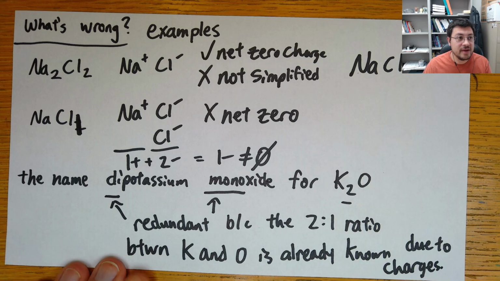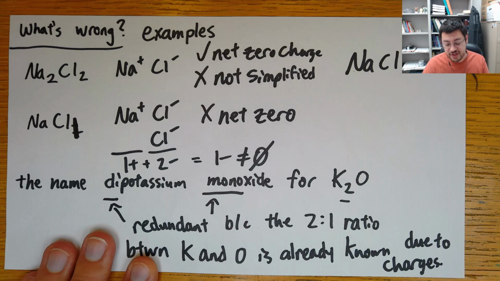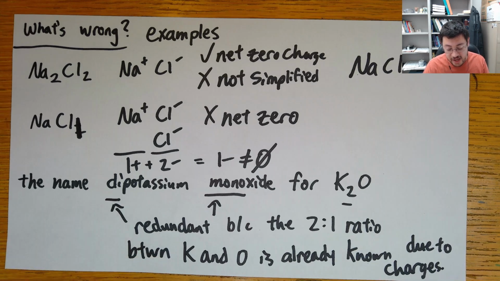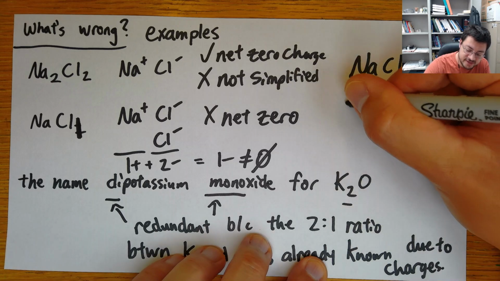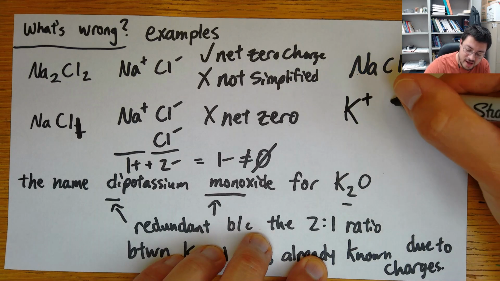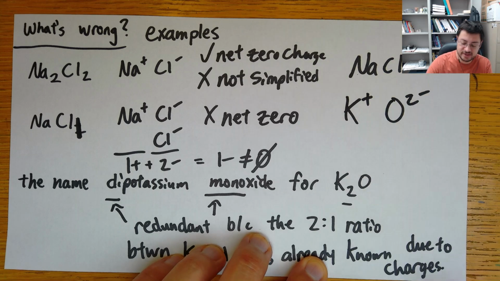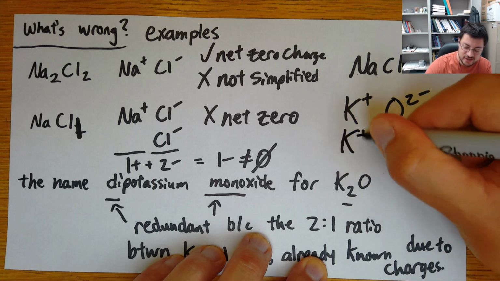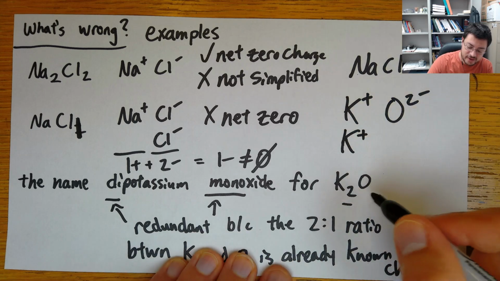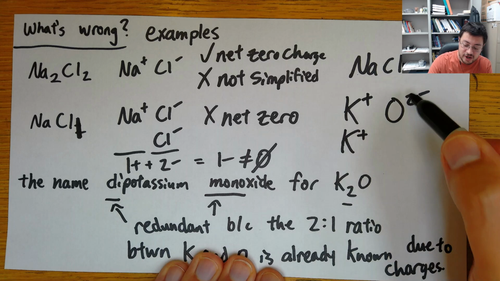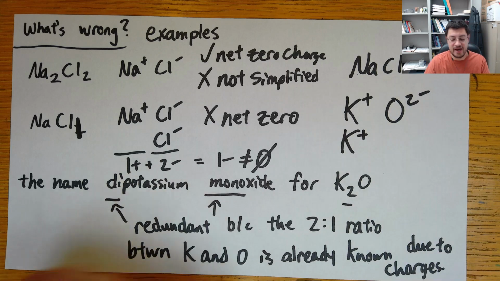Okay? So we don't use prefixes traditionally in ionic compound naming because the charges already tell us what the ratio should be. Like potassium is a 1 plus, oxide's a 2 minus, so we can see to neutralize the oxide, we already need 2 of the potassiums. Okay, so in other words, just by knowing the charges, you know the ratios automatically.